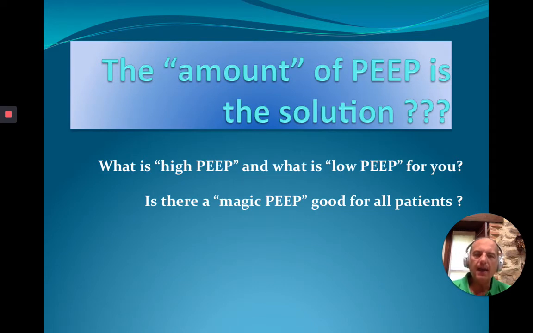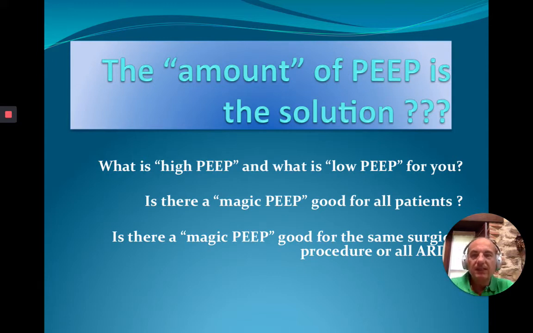So why are we trying to find this kind of magic PEEP? Another group of clinical randomized trials that you can remove and throw away are all the ones that ask, what is the best PEEP for abdominal surgery? What is the best PEEP for obese patients? All these approaches are totally wrong.